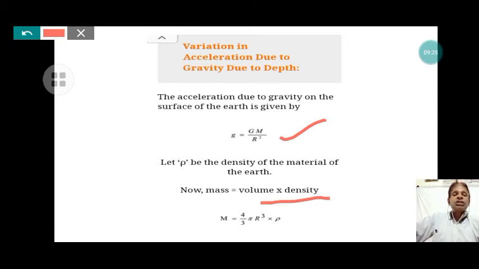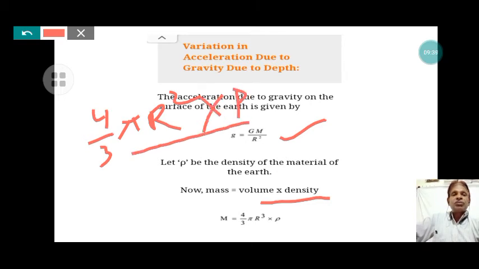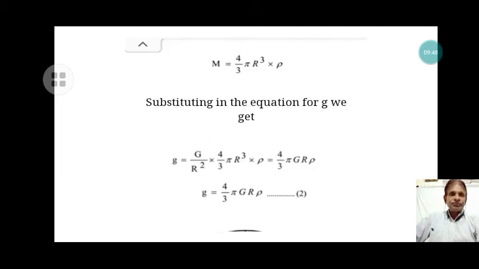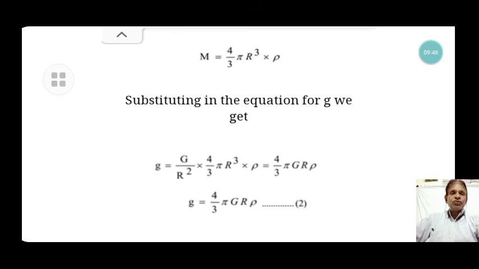So m is equal to 4 by 3 pi r cube rho, where 4 by 3 pi r cube is the volume of the earth and rho is the density. Now we have the mass of the earth.